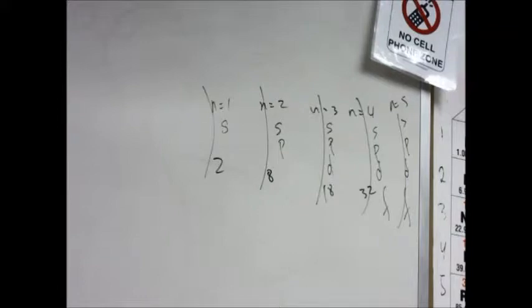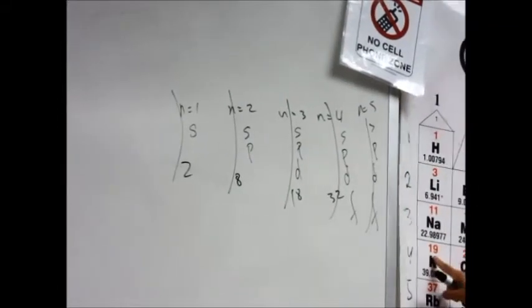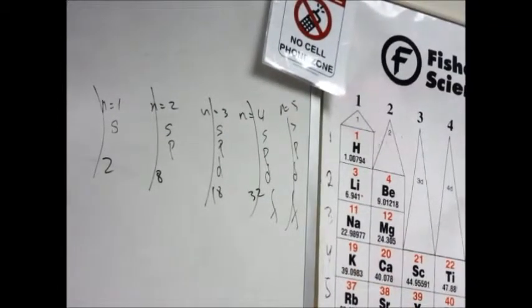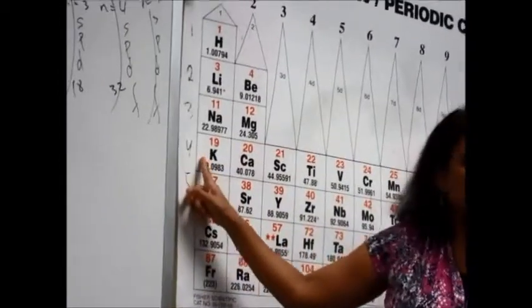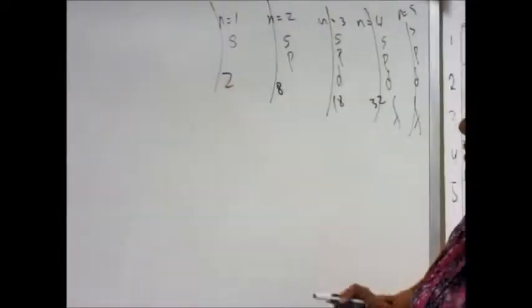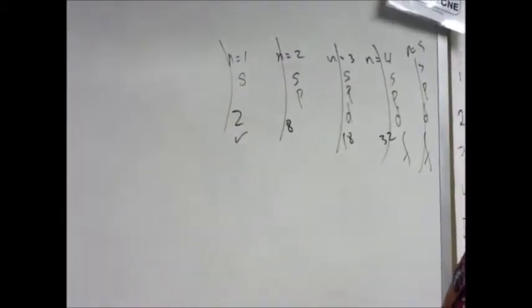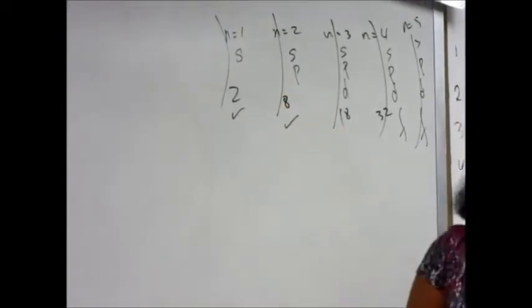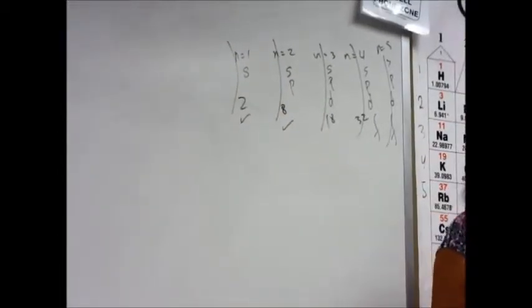When we fill out for potassium, which is 19, you can see that we're starting with a new shell, right? So technically what we just did is 18 electrons. We filled out the 2 over here. We filled out the 8 in the second shell. Are you with me? Yes?